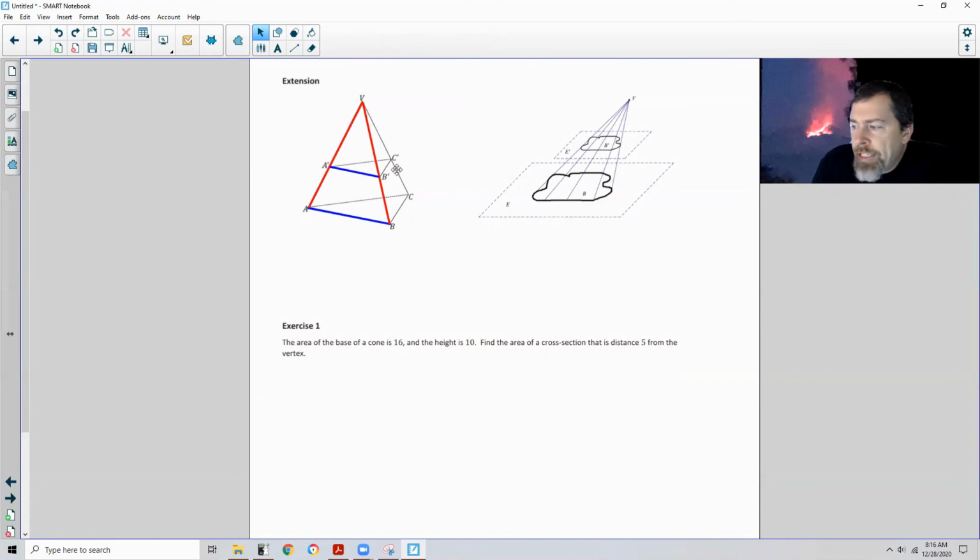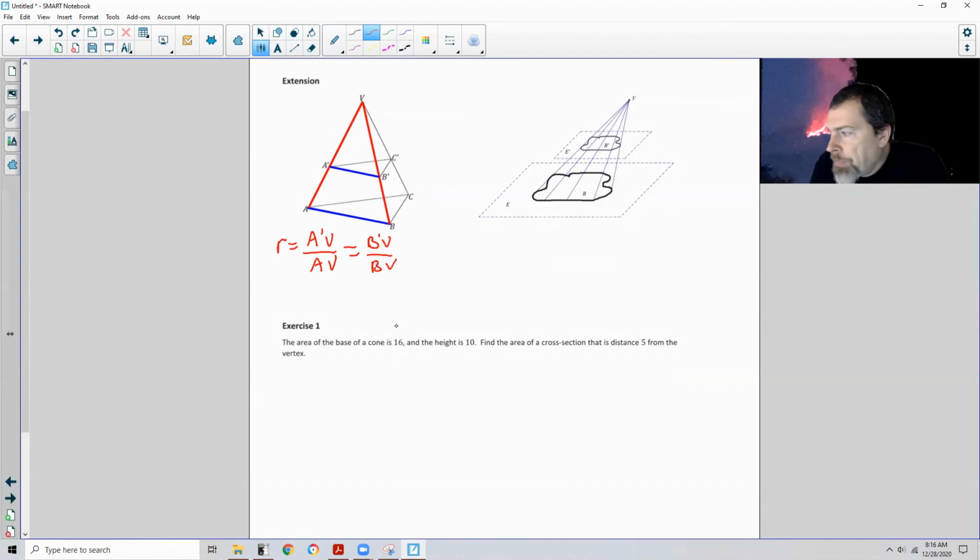All right, so the dilation would have center V and a scale factor of K, or R. In our case, we've been using R. R equals A prime V is to AV as B prime V is to BV. We can do the same with BCV and the same with ACV, but let's just focus on the front here. So if A prime V over AV equals B prime V over BV, then what can we now say? So let's just get rid of this R equals here. It's the scale factor.